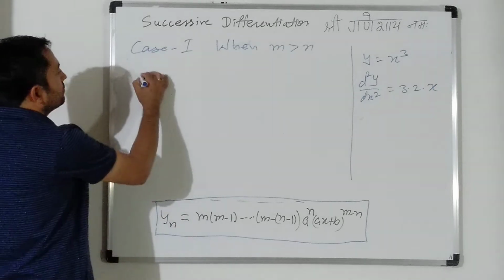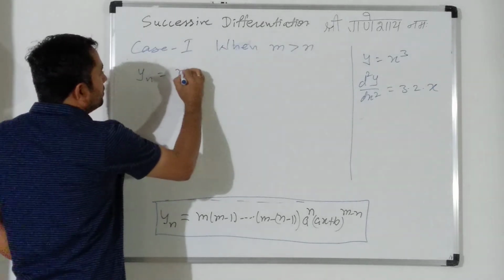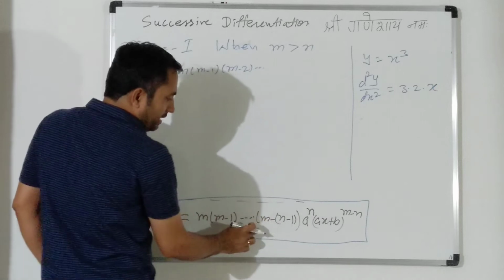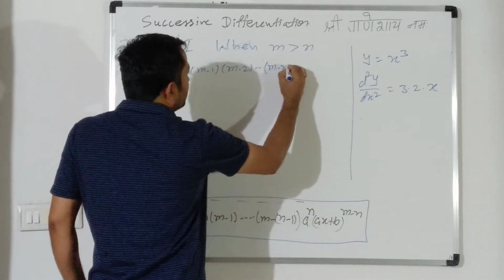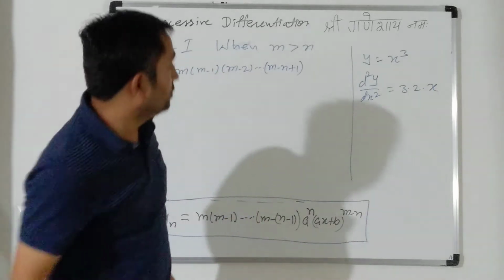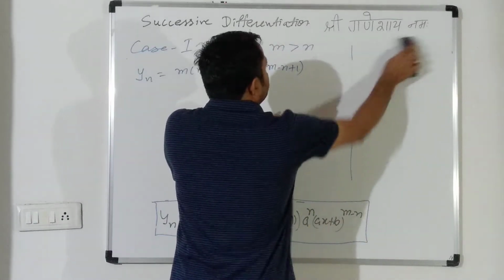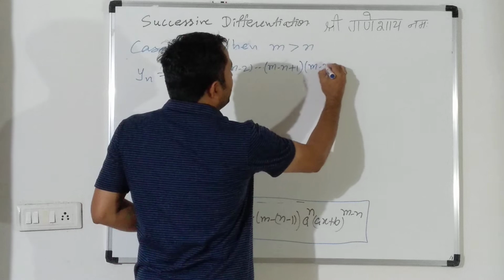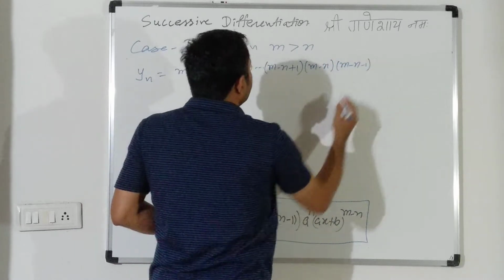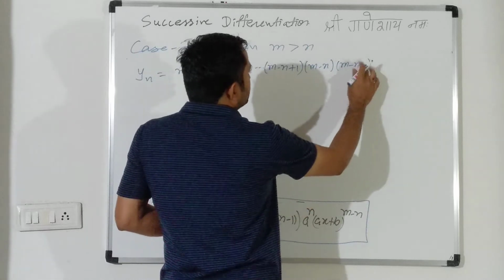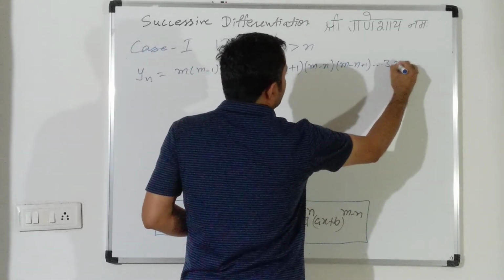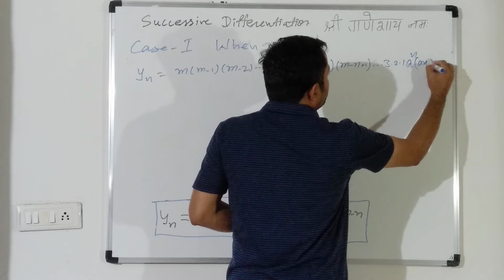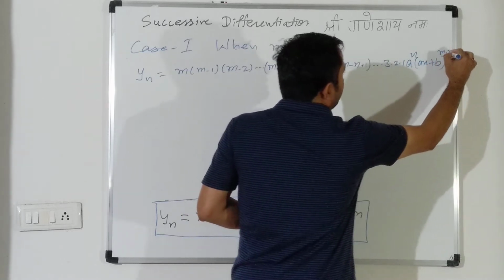What we do here: y_n is equal to m, m minus 1, m minus 2, up to m minus n plus 1, and we extend this series by multiplying and dividing by m minus n, m minus n minus 1, up to 3, 2, 1, and here a to the power n (ax plus b) to the power m minus n.